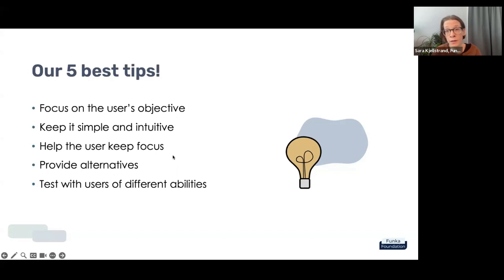Because if there is a long number of steps, then okay, I can close this now and I can come back to it when I have more energy, thinking about the situation that you have around you or the form of the day. It's a way to reassure the user that the process will be finished at one point and roughly how long it is, so that you can plan and decide whether you want to do it now or whether there is another time where you have a better situation to complete the task.